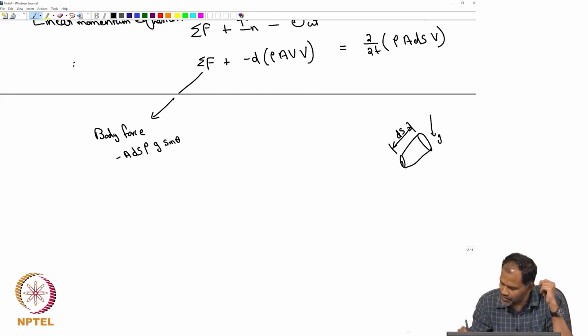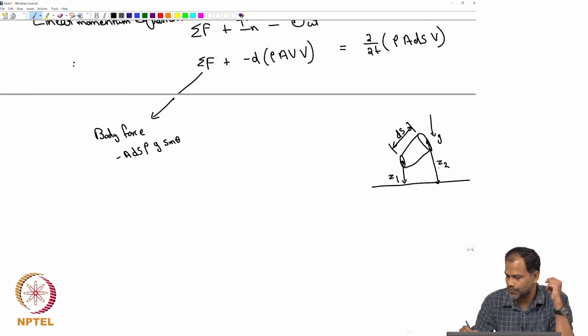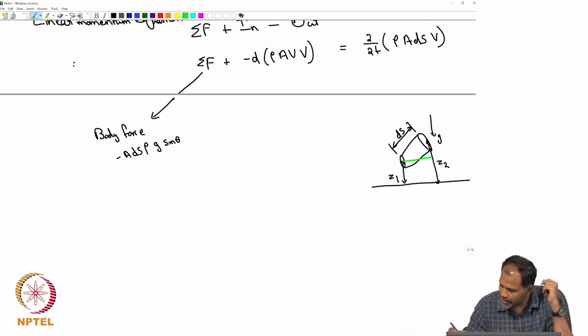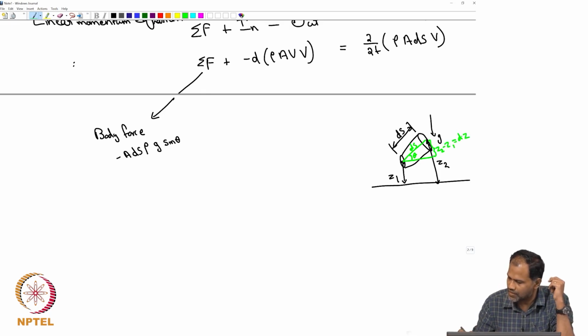Let's say the in edge, from a particular base, is at a height z1 and the out edge is at a height z2. So, if I make a triangle there with that angle theta, this is ds, this is z2 minus z1, let me call it dz.